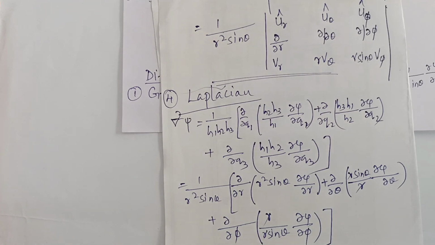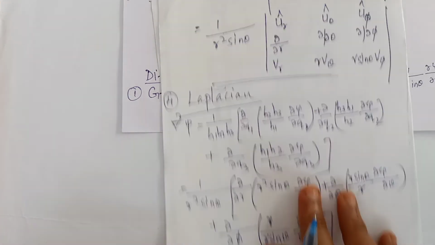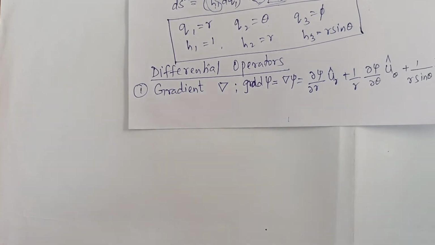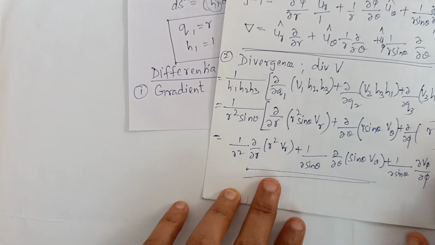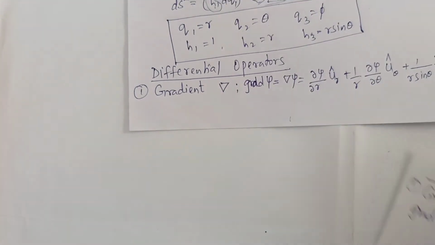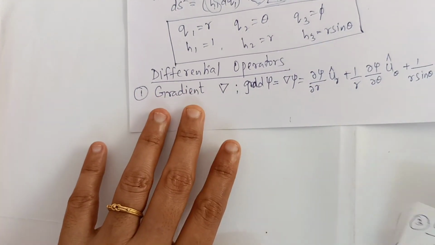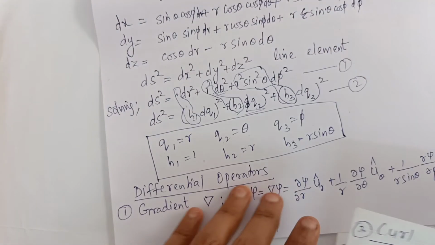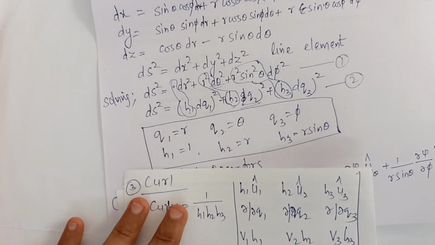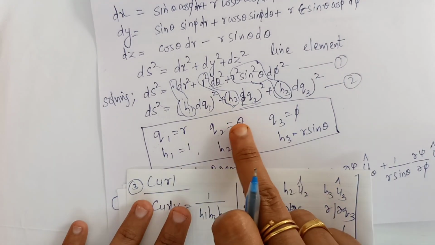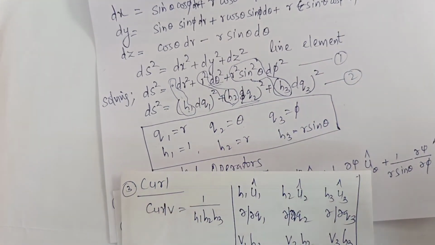Now if you want, you can open the bracket as we did for divergence, and you can get the solution for the Laplacian also. The thing to remember is the values of Q1, Q2, Q3 and H1, H2, H3, and we use the standard values in our curvilinear coordinates.